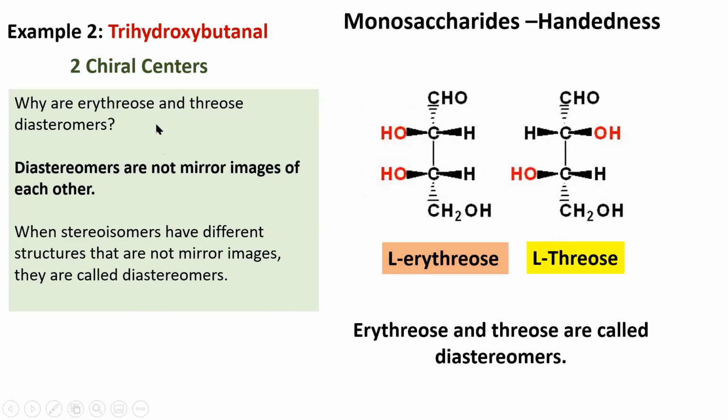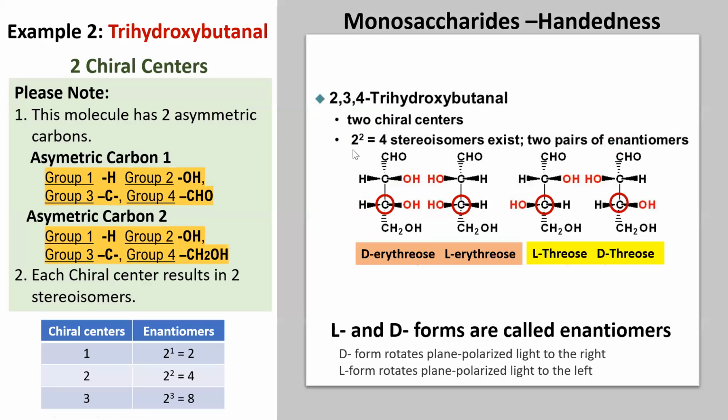Okay, so again, the question is, let's go back one more time. What happens to these two? They are exactly the same thing. If you count the number of carbons, all have 4 carbons, 1, 2, 3, 4, and 8 hydrogens, 1, 2, 3, 4, 5, 6, 7, 8, and all of them have 4 oxygens.